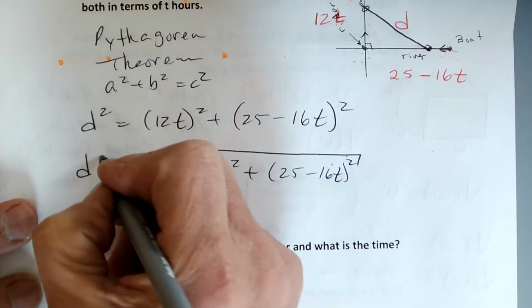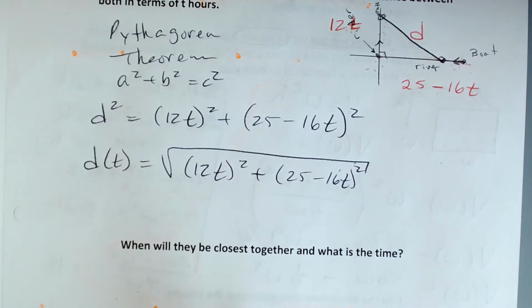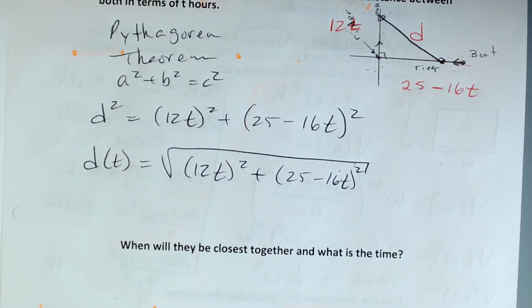And I'm going to call that d of t because it's the distance with respect to time. This makes sense because as time goes on, as we're moving, distance is changing. Distance with respect to time.